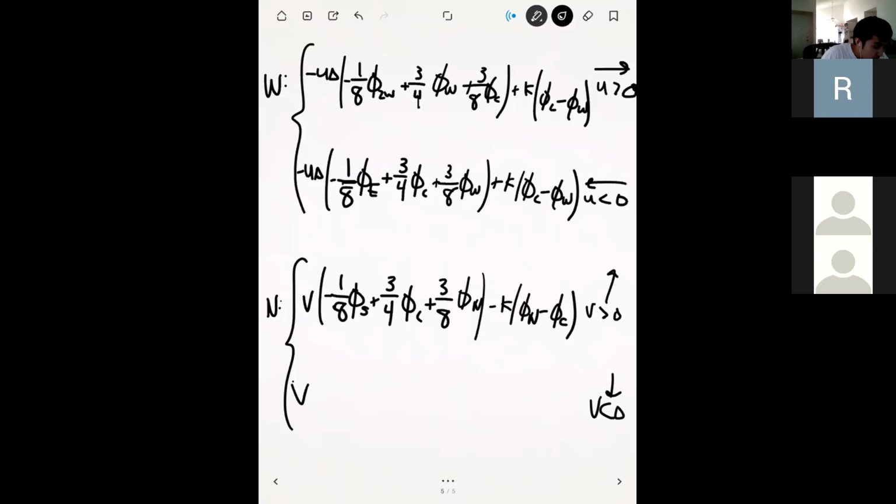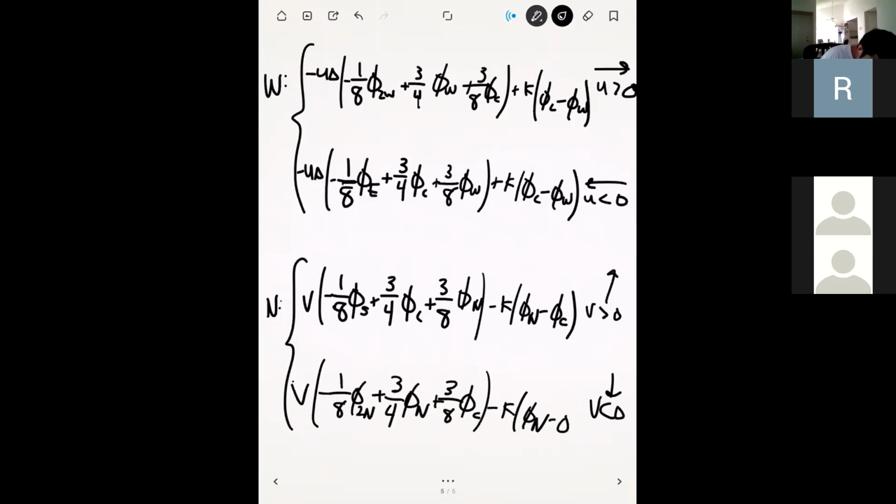And then we have minus 1/8 phi sub 2n plus 3/4 phi sub n plus 3/8 phi sub c minus k times phi sub n minus phi sub c.